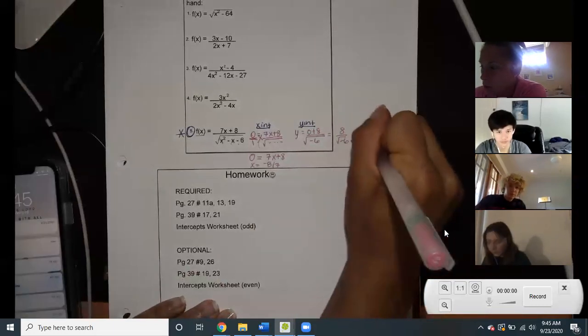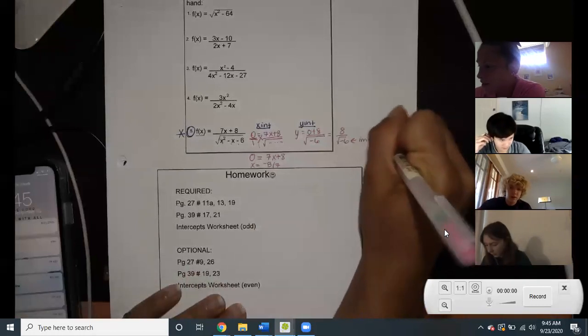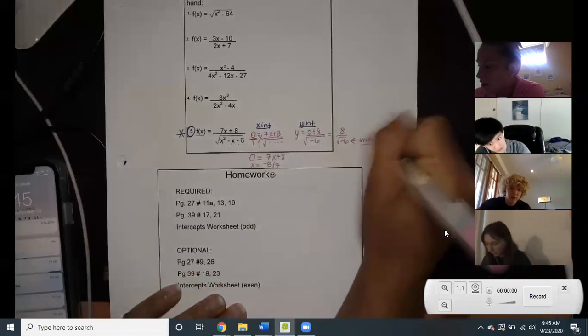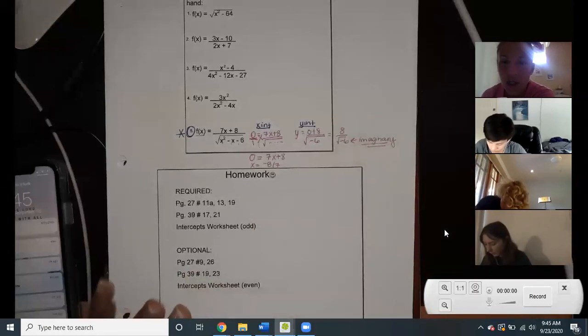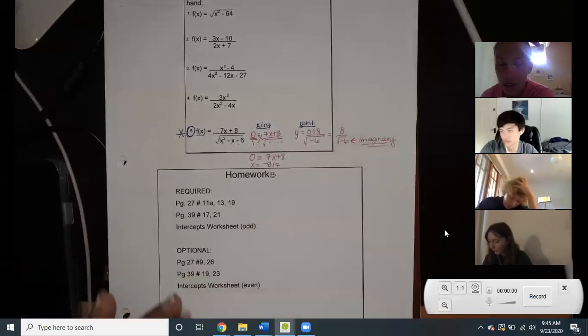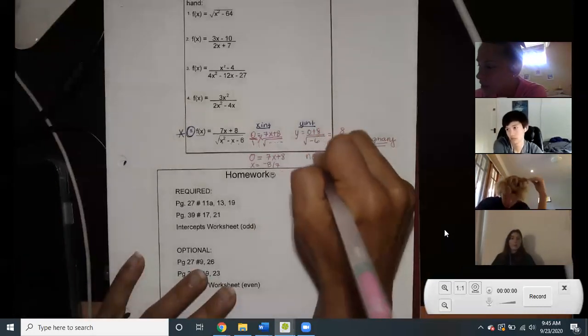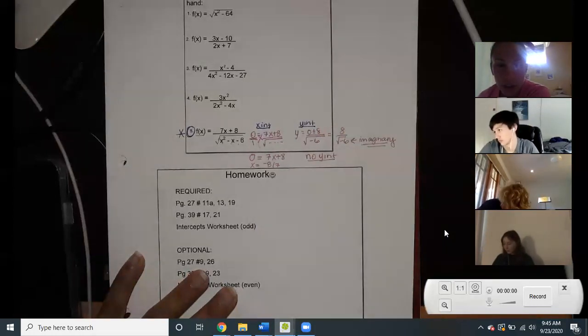Imaginary, yes. So guys, you can't have an imaginary intercept. So this just indicates that there's no y-intercept for this function either.